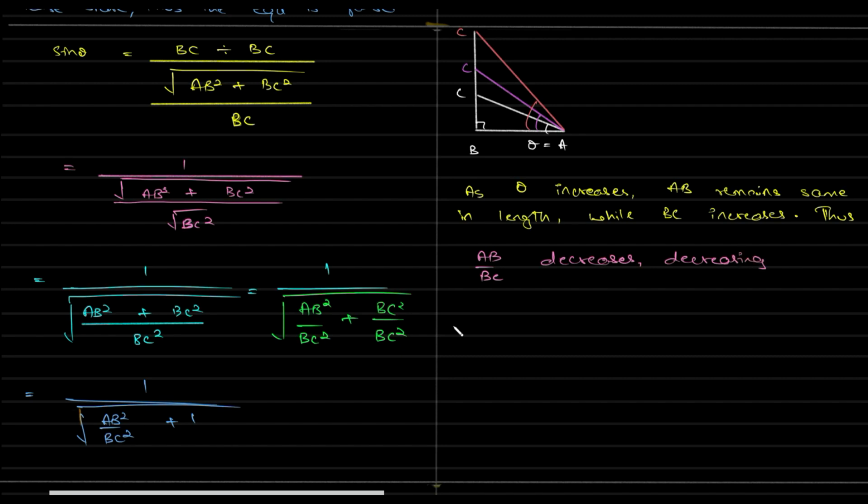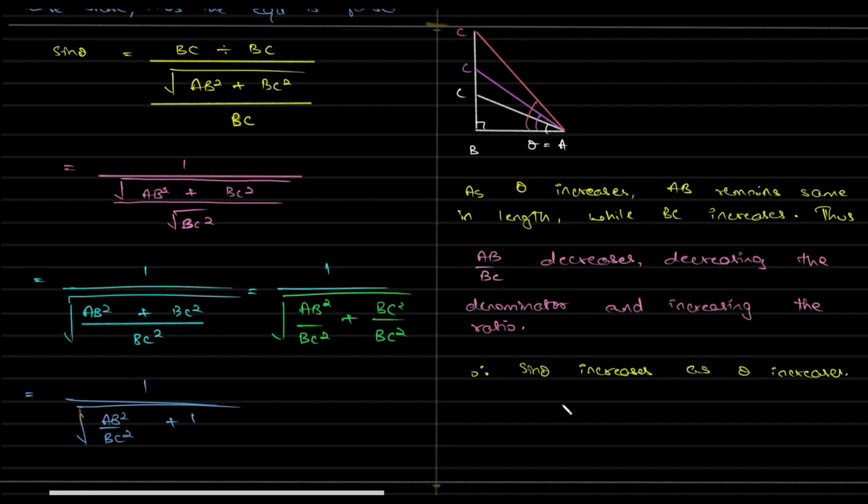So overall, the value of the denominator decreases, and the entire ratio increases. Right? Make sense? This entire thing will increase. So that's what we wanted to understand. Therefore, sine theta increases as theta increases.